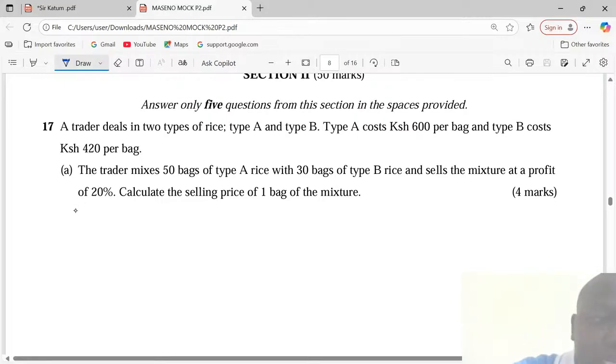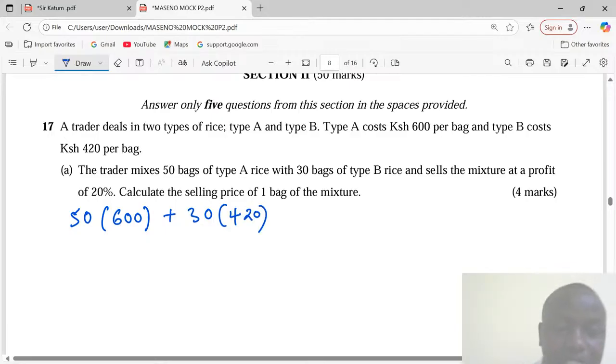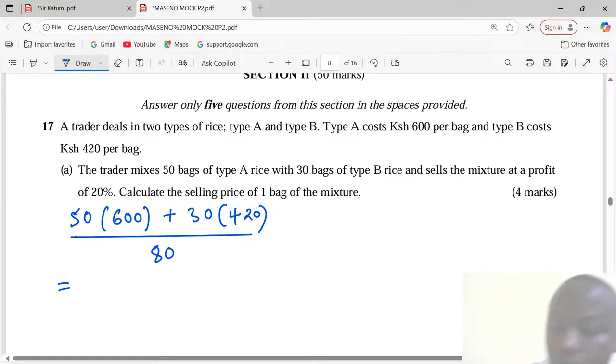We had already worked out 600 times the 50 bags, then 30 bags times 420 each. Then because now this is the cost of 80 bags, we are supposed to divide this by 80 to know what each bag is costing.